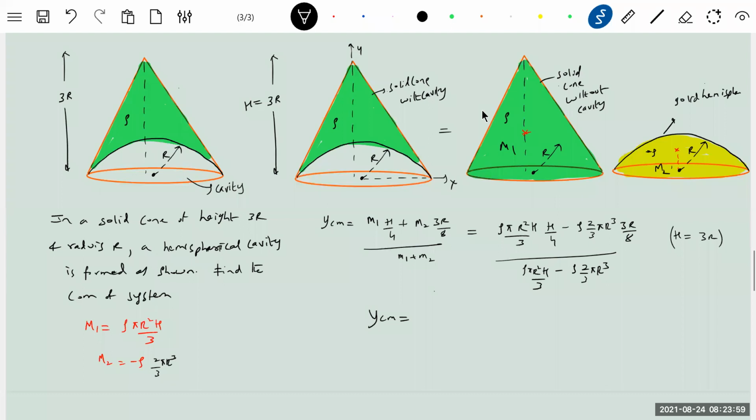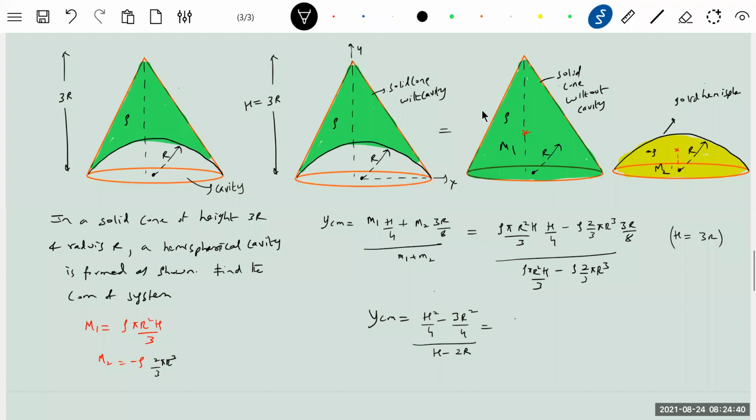Rho pi r square by 3, I'll take it out, so I'll be left with h square by 4 minus 2r cube, divided by rho pi r square, which we have taken out, times h minus 2r.